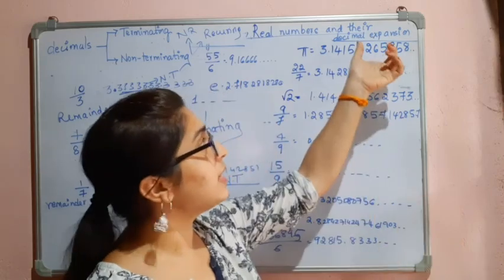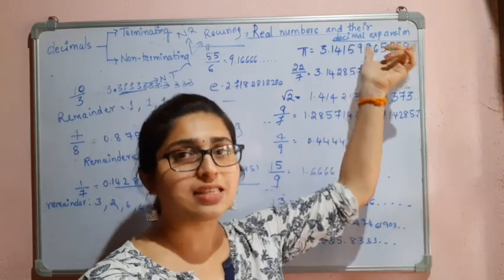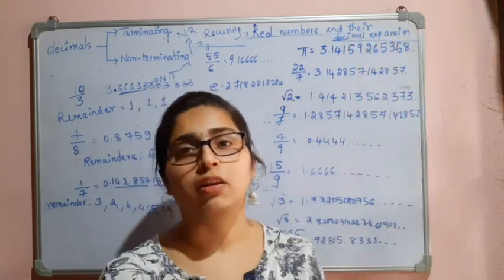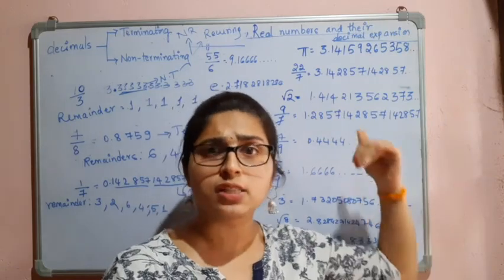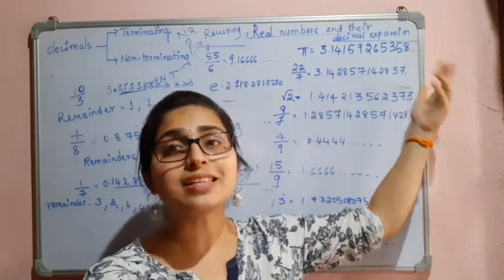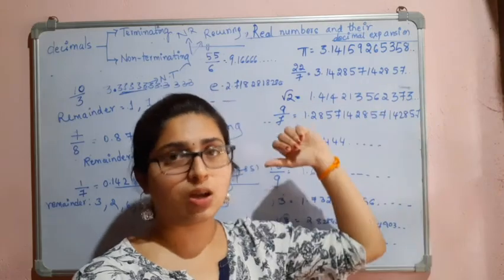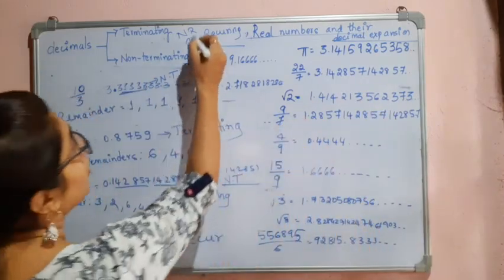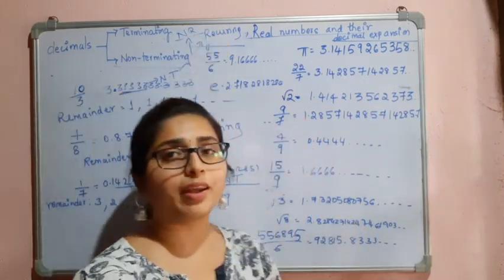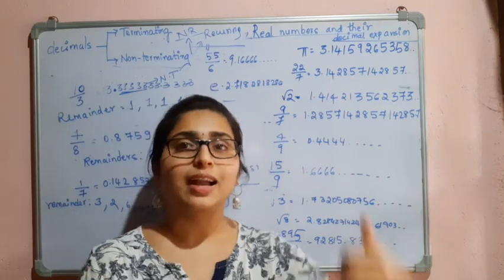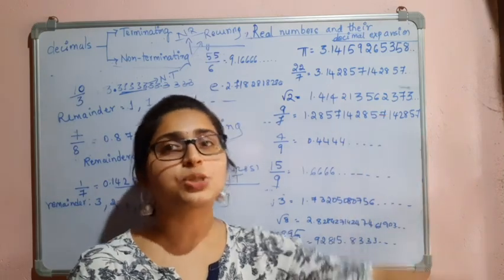So we will consider this a non-recurring decimal. It is non-terminating because it does not terminate, and it is not recurring. So it is a non-terminating, non-recurring decimal, and that comes under irrational numbers.